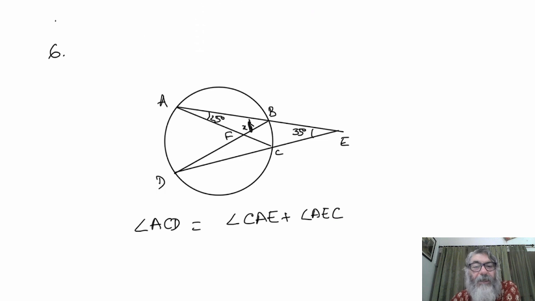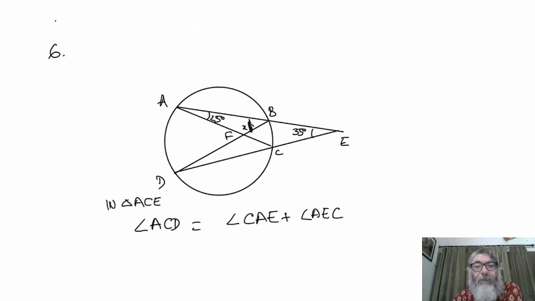The exterior angle of a triangle is equal to the sum of the interior opposite angles. I am talking of the triangle ACE. In triangle ACE, I know one angle is 25, one is 35.